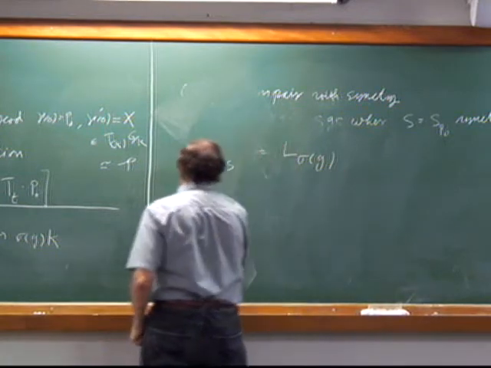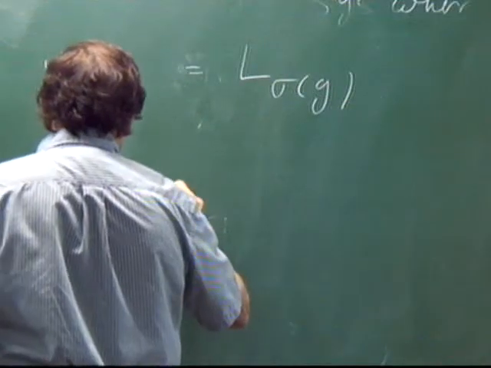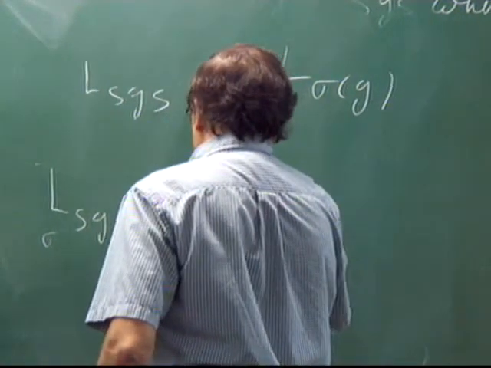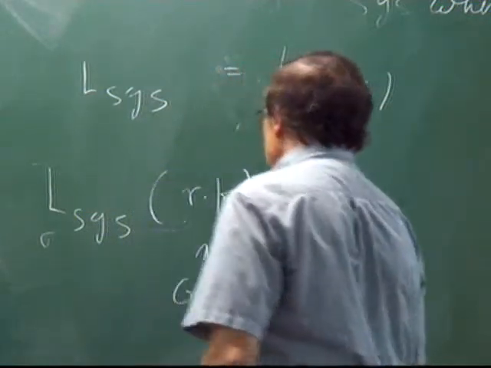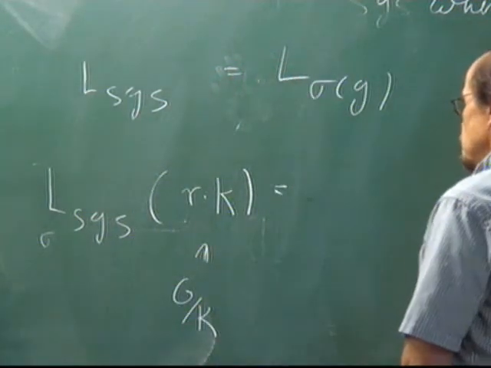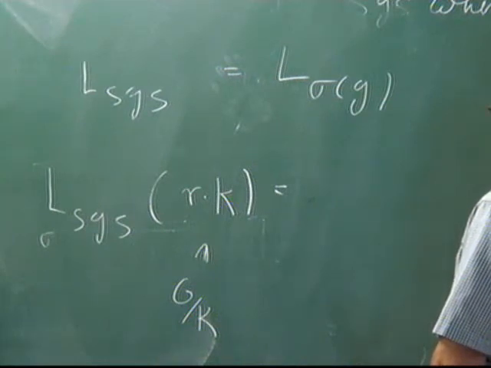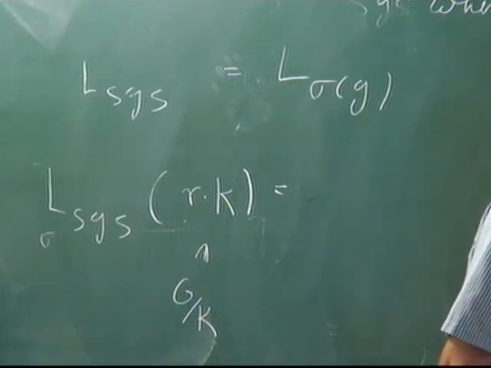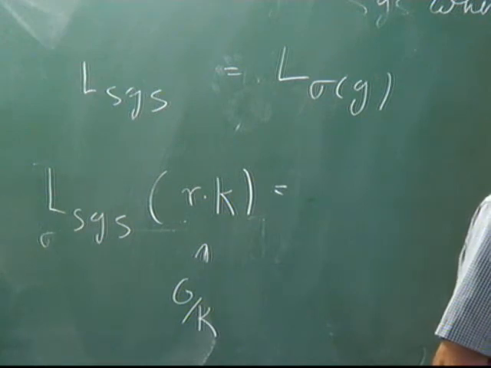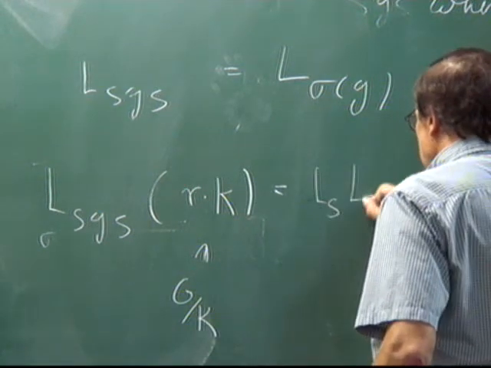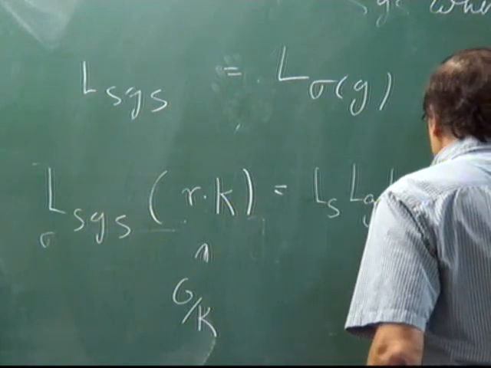Let's apply it to K. What's L_sgs applied to, what should I call it, r times K as a coset in G mod K. That's L_s, L_g, L_s applied to rK.